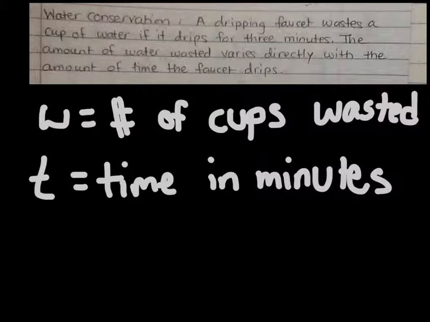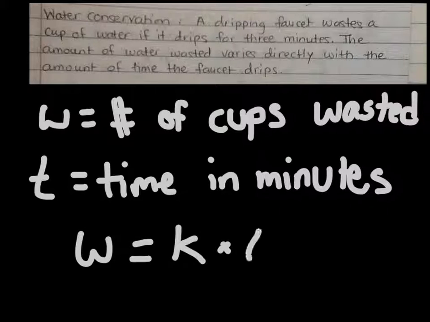Let's go back to the question. A dripping faucet wastes a cup of water, which means 1 cup, if it drips for 3 minutes. The amount of water wasted varies directly with the amount of time the faucet drips. Okay? So we can write a formula saying W equals K times T.